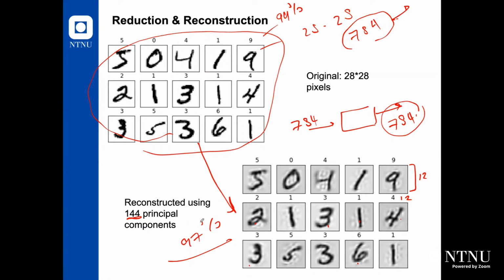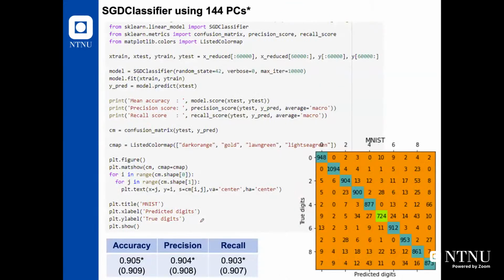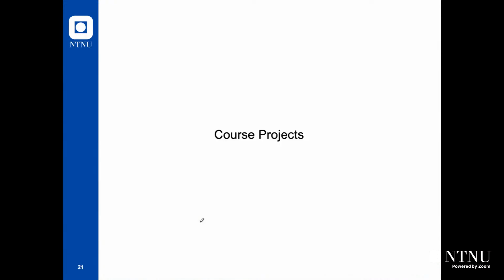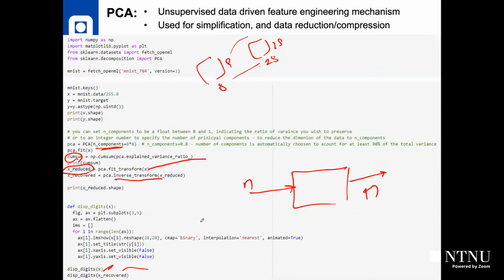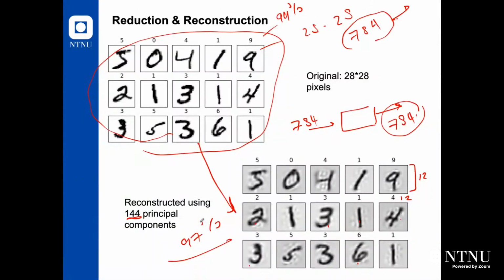It was much simpler to build a model with 144 principal components rather than using the full set of features. Yes. So now we can use this SGD classifier using 144 principal components, and we can compare. It will be nice if we can just compare.